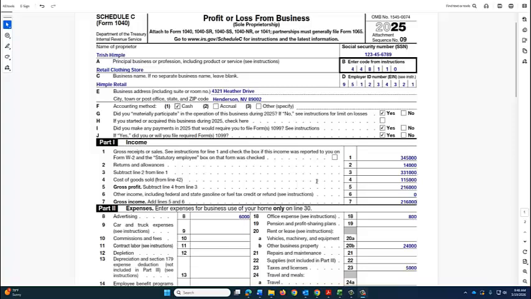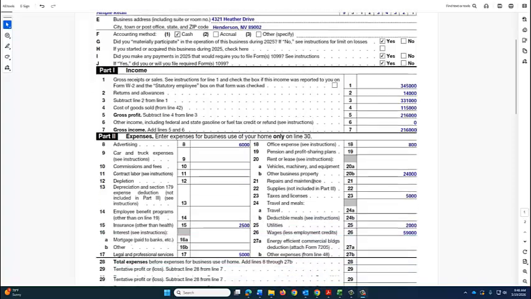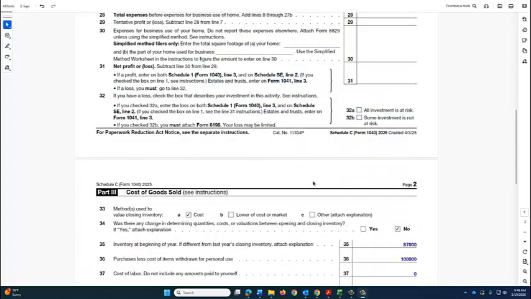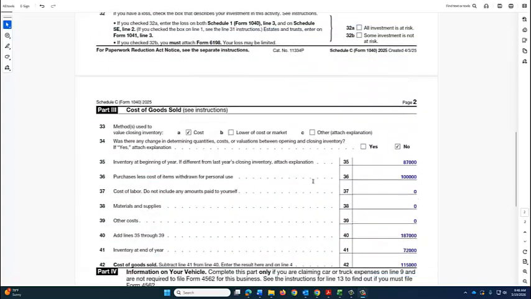Next, we had to calculate her cost of goods sold, and these figures are also provided in the instructions. You have to go over to page 2 to calculate the cost of goods sold. We were told that she uses the cost method to value her inventory, and there were no changes in determining quantities or values, so we'll click no on that.